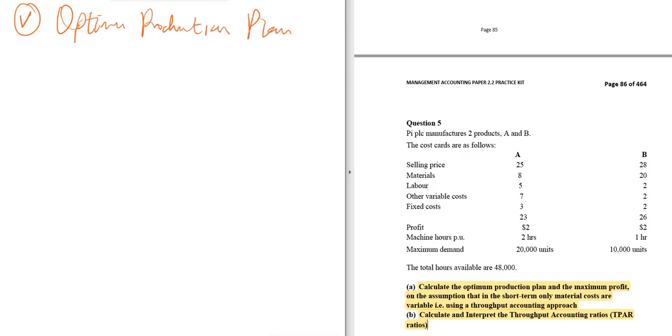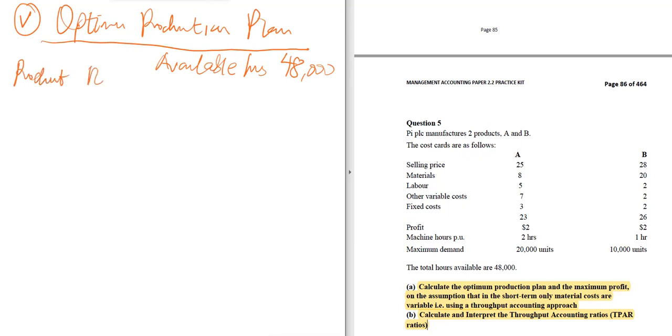Okay, so the same thing works here. So I will first start with my available hours. I know my available hours is 48,000 overall. Then I bring the product, then I bring the rank, then I bring the usage, or the utilization. It all works. So the first in ranking was product B, which was 4 cedis per hour.